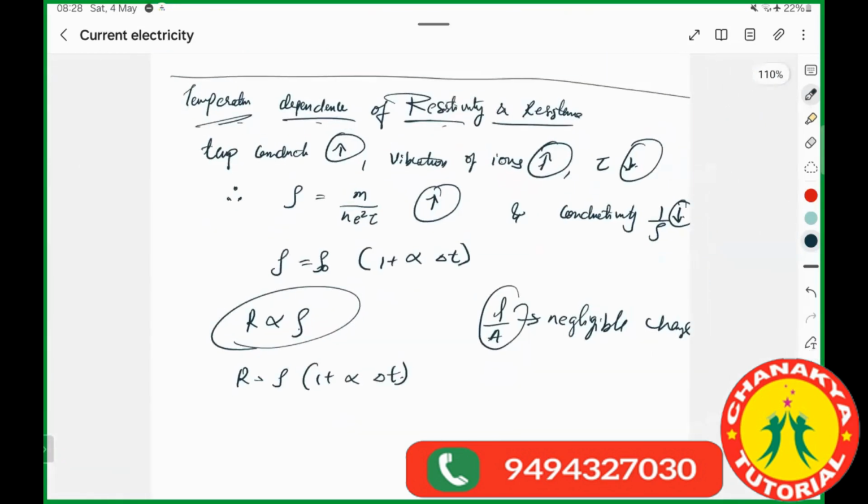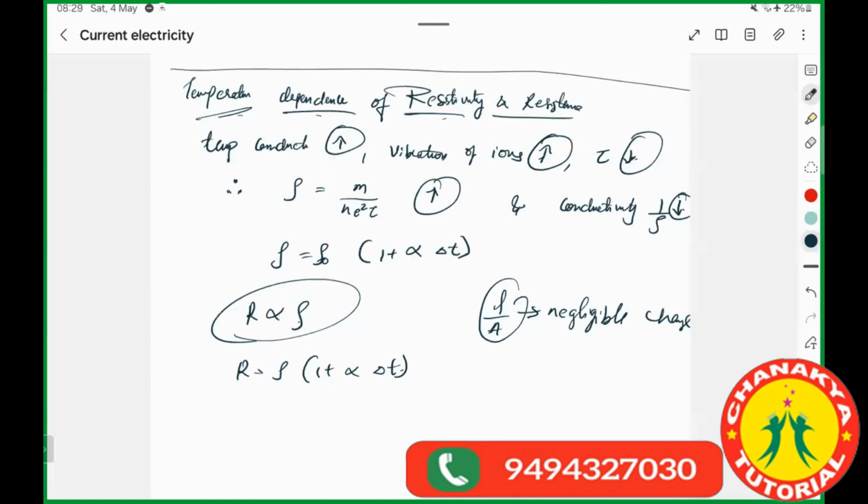Now let's recall how to classify materials. What are conductors? In terms of electrons, they have a large number of free electrons and very small resistivity.